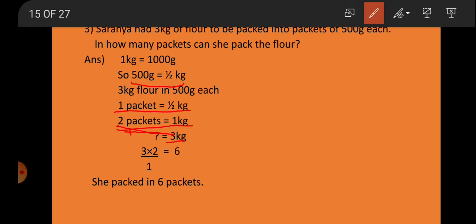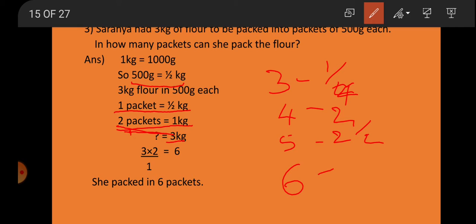Otherwise you can see it like this. 1 packet is equal to half kg. 2 packets 1 kg. 3 packets 1.5 kg. 4 packets 2 kg. 5 packets 2.5 kg.